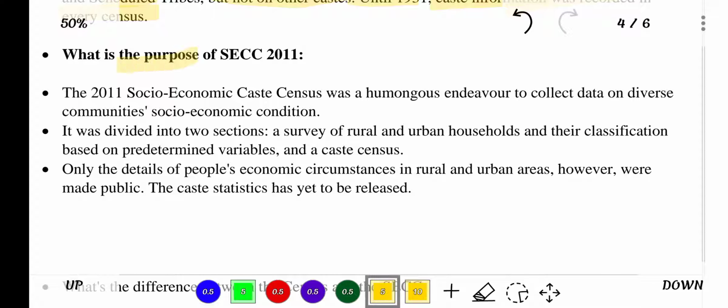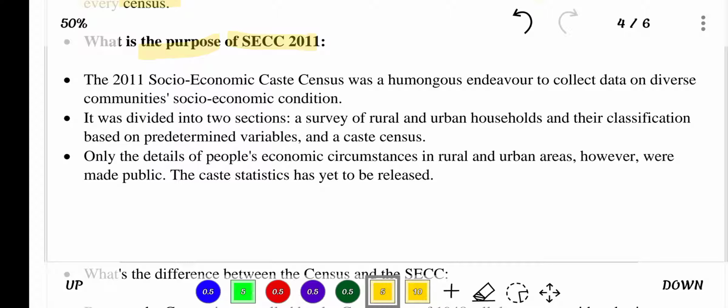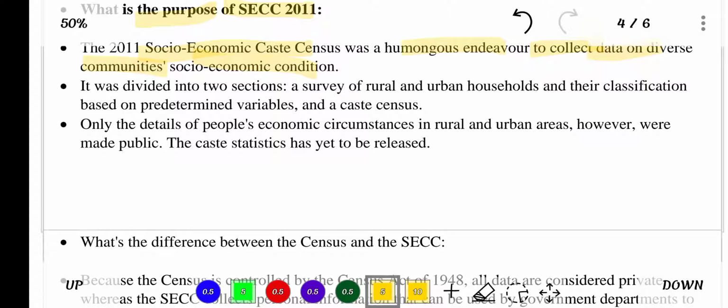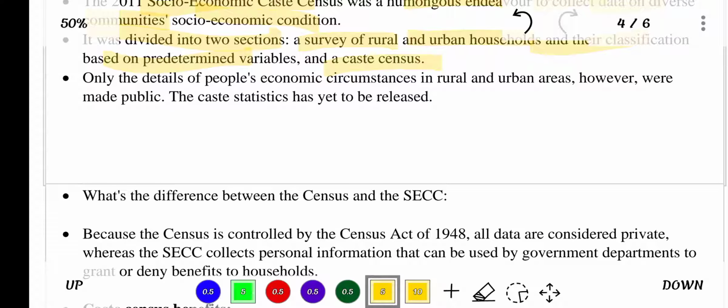What is the purpose of SECC 2011? The 2011 Socio-Economic Caste Census was a humongous endeavor to collect data on diverse communities' socio-economic condition. It was divided into two sections: a survey of rural and urban households and their classification based on predetermined variables, and a caste census. Only the details of people's economic circumstances in rural and urban areas, however, were made public.